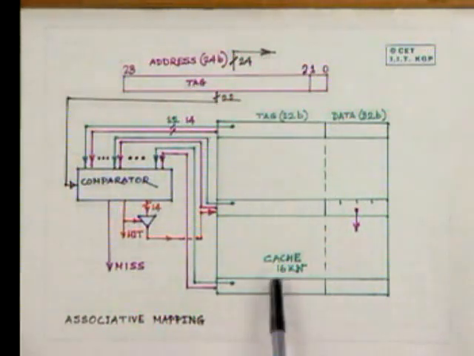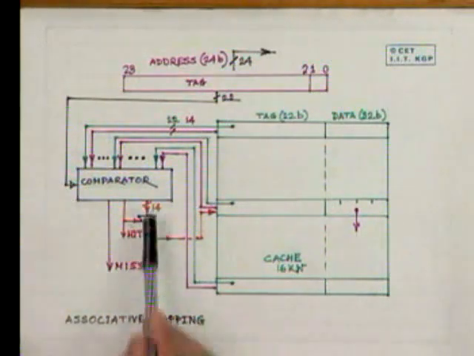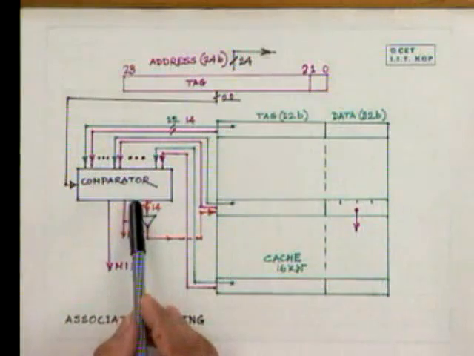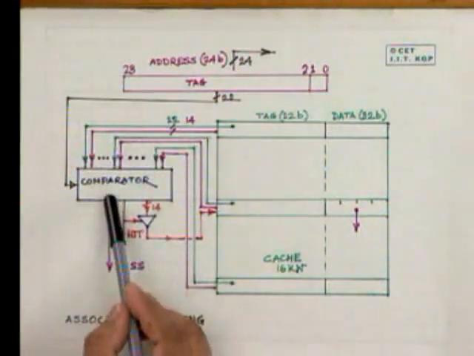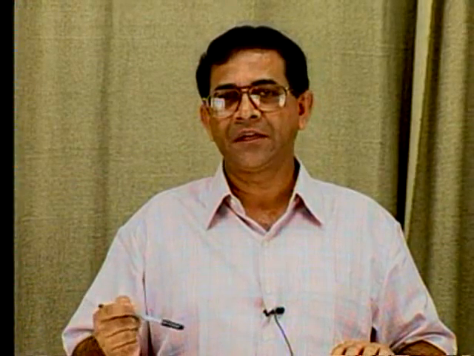This is associative memory, or content addressable memory, and that is why it is called associative mapping. You can very easily see, since this has to be done in parallel to make it fast, the total cost of this associative mapping is pretty high, but the disadvantage of the direct mapping goes away.